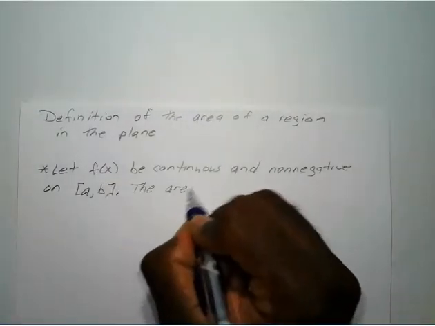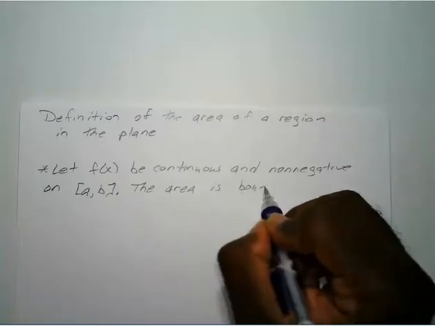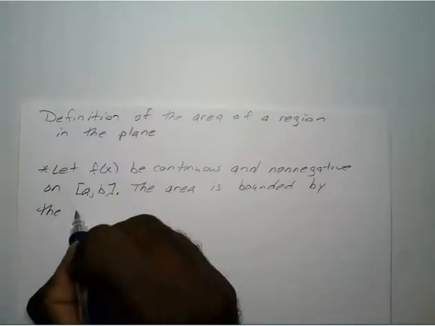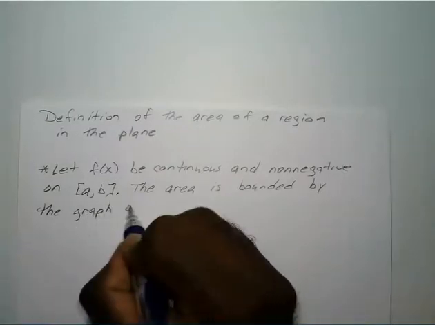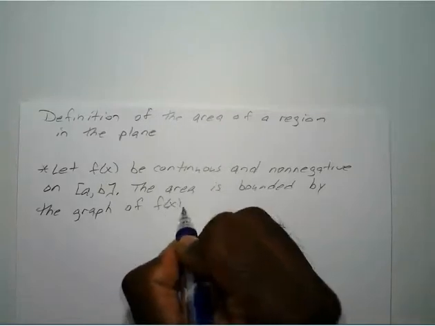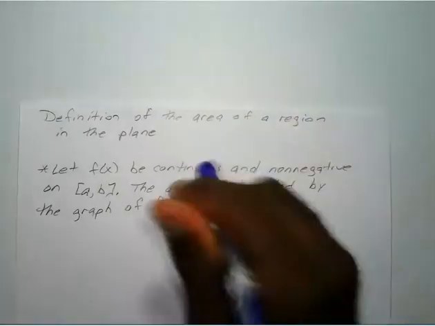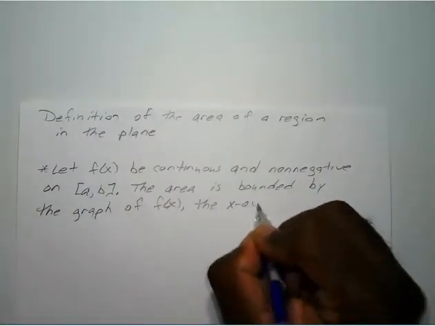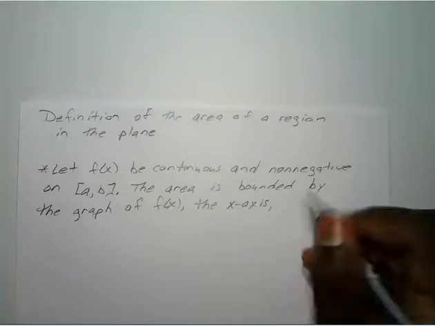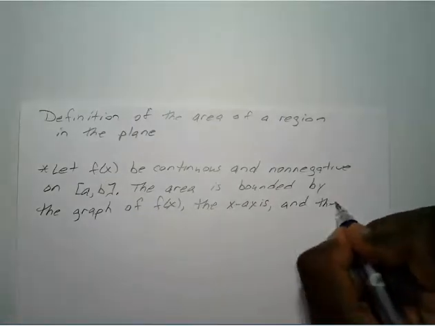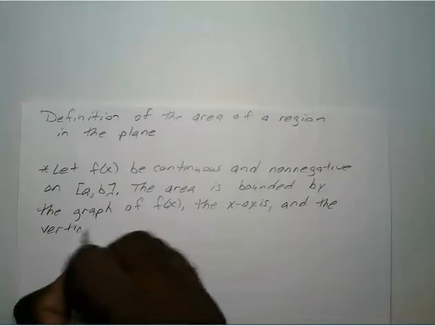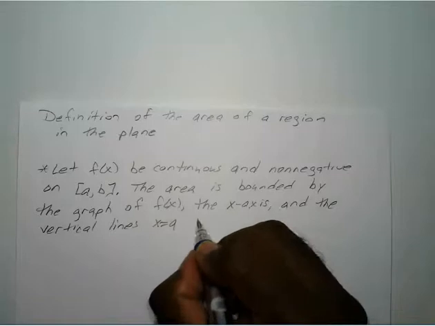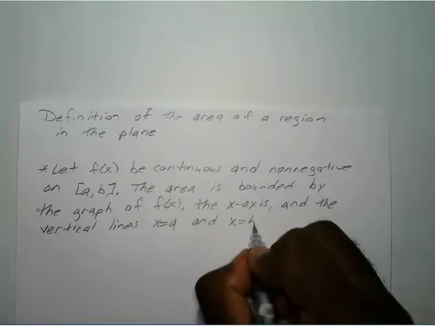The area is bounded by the graph of f of x, the x-axis, and the vertical lines x equals a and x equals b.